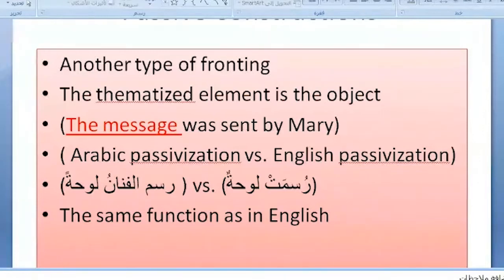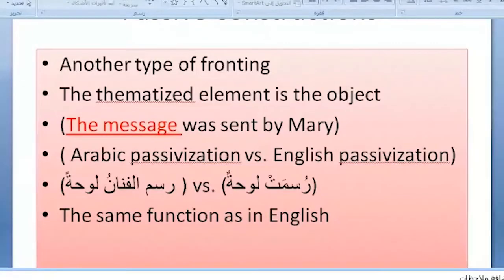sometimes we don't know the agent. يعني أحيانا يعني ما أعرف منو اللي قام بالحدث. That's why I use passive. Sometimes I don't want to uncover the agent.